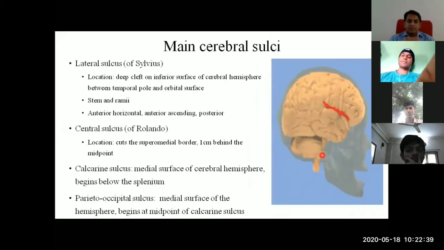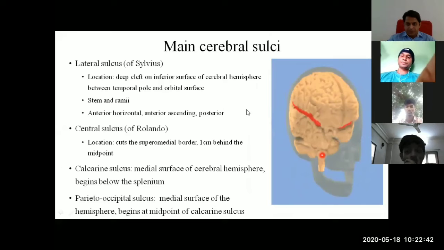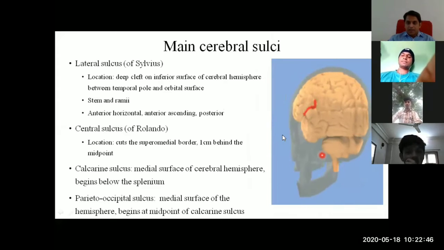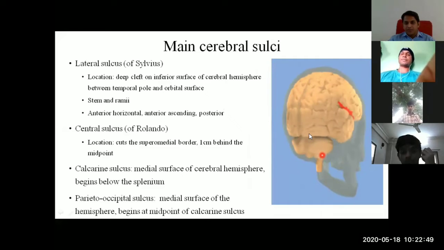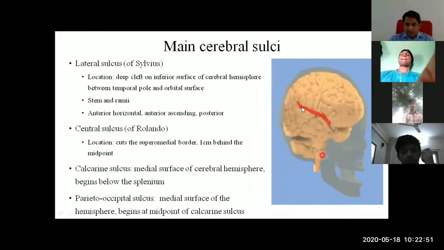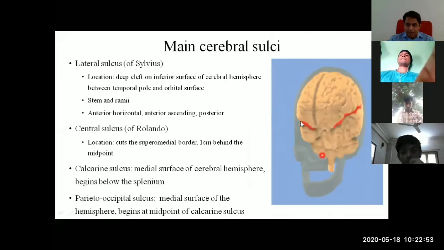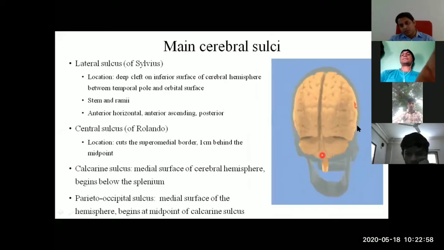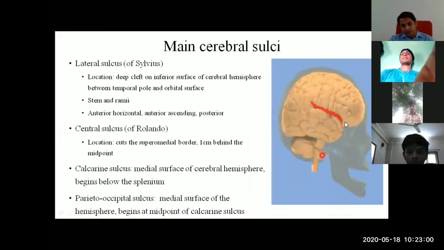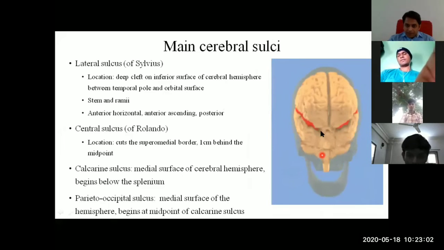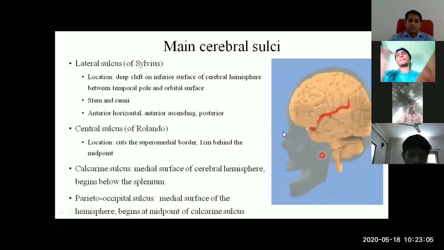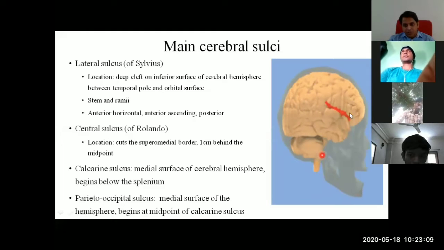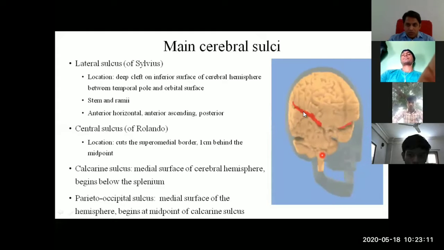First, we'll begin with the lateral sulcus of Sylvius. This lateral sulcus is located in the deep cleft on the inferior surface. Here you can see the one which is marked in red. It is located in this deep cleft between the inferior surface of the cerebrum and the temporal pole. Along this cleft lies the stem of the lateral sulcus, and it reaches the periphery, the superolateral surface.